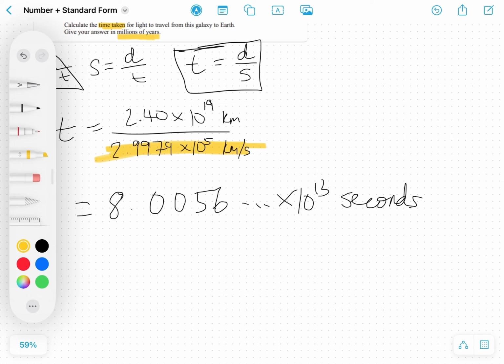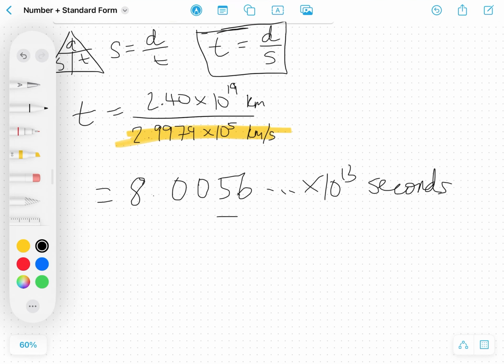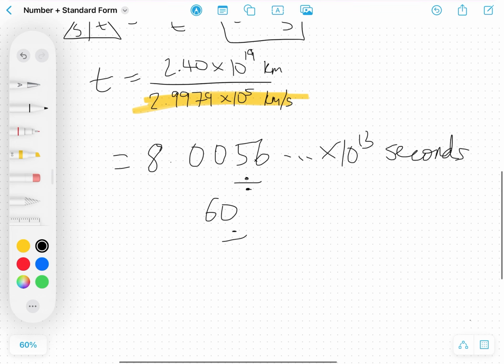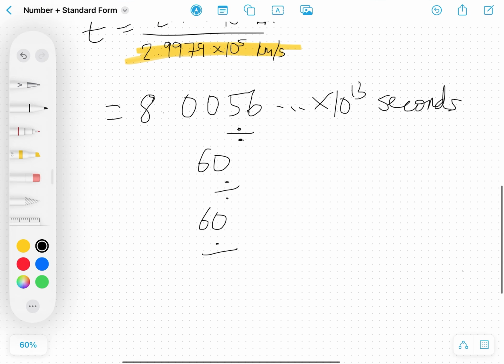So to do that, to convert seconds into years, we first divide by 60, and that would be how many minutes it would take, and then we divide it by 60 again. That would be how many hours it would take, and then we divide by 24.